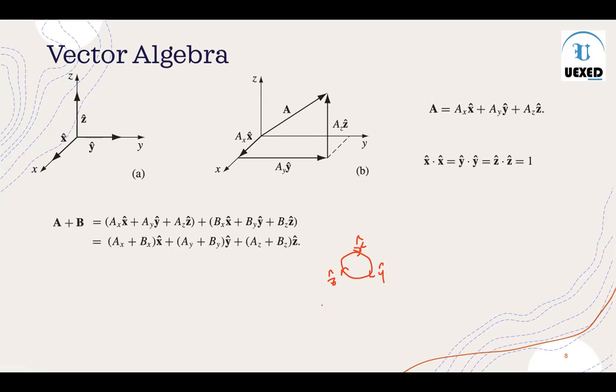Then the very important thing which we talked about is the sum of two vectors. We saw that component-wise we can always add the vectors.